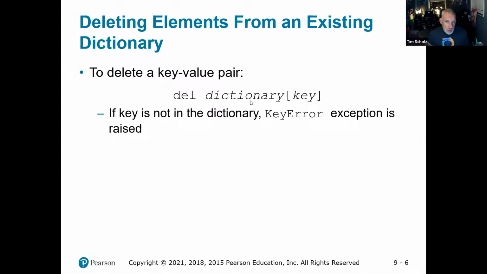If we needed to delete an element from an existing dictionary, the command is simply del dictionary key, always in square braces. And anytime we try to access a key that does not exist, Python is going to raise a key error exception.